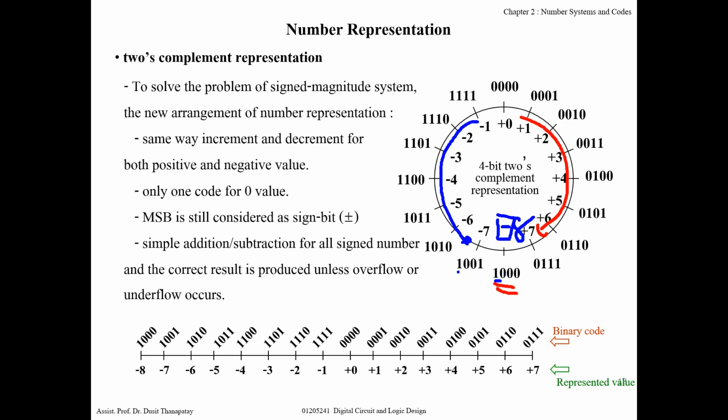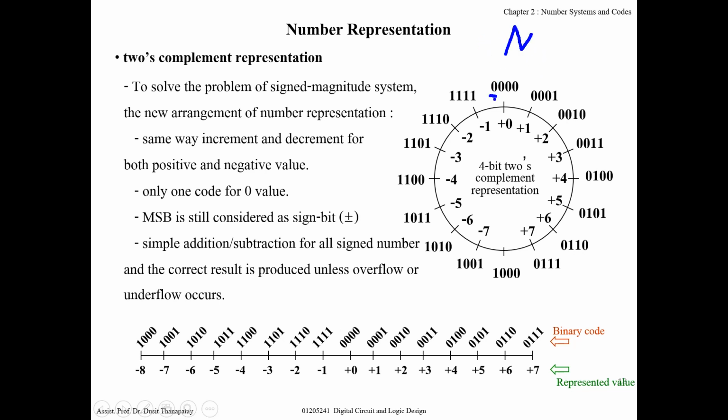Because it's beginning with 1. Okay? So that means this number system can represent from 0 to plus 7 and down to minus 8. Okay, so in general for 4 bit, right? For n bit, what can it represent?